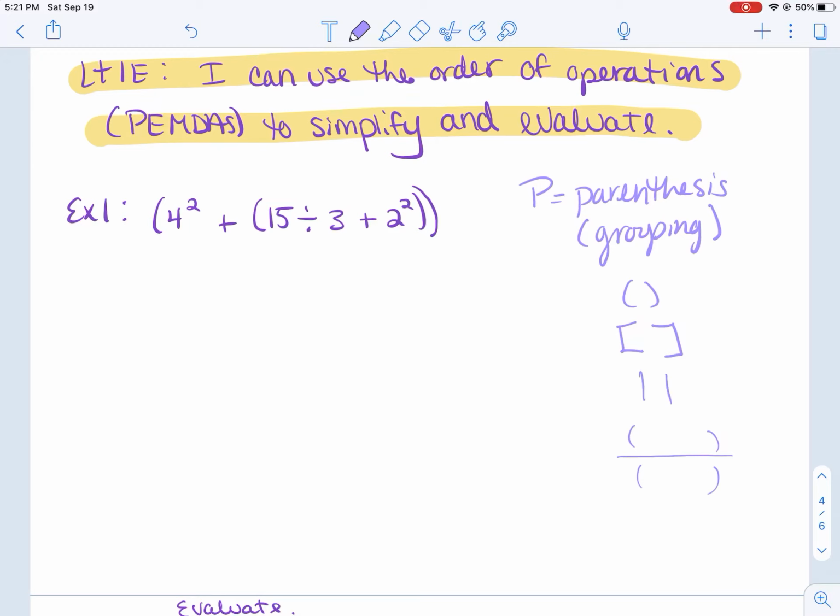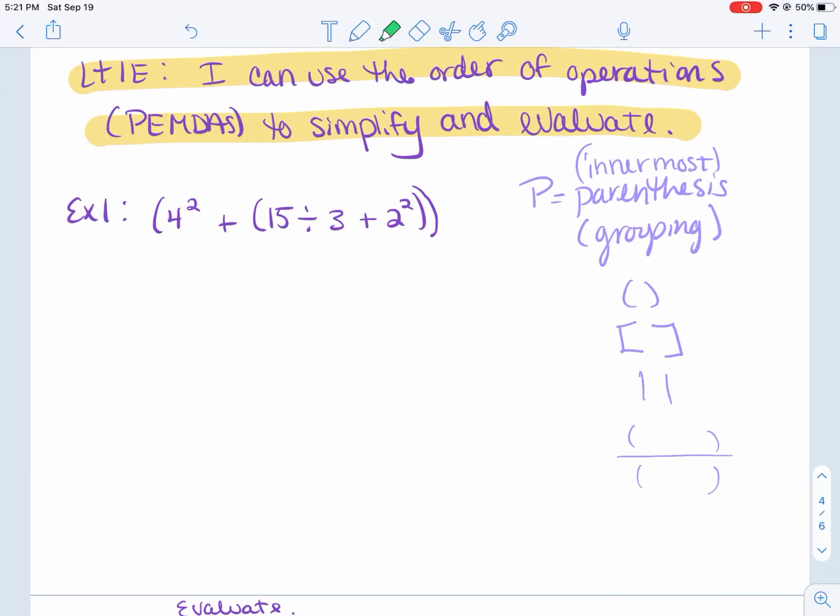So we're going to start by doing what's in the parentheses. And you always start with the innermost parentheses. It's not saying that you have to do something to the parentheses. It's saying you want to do what's inside of the parentheses, okay?